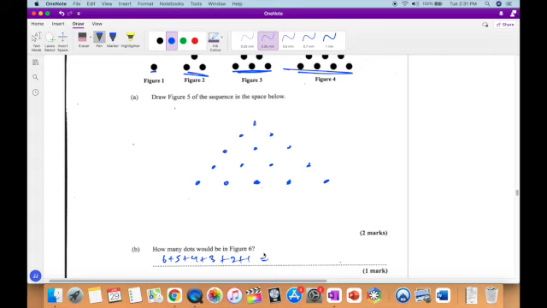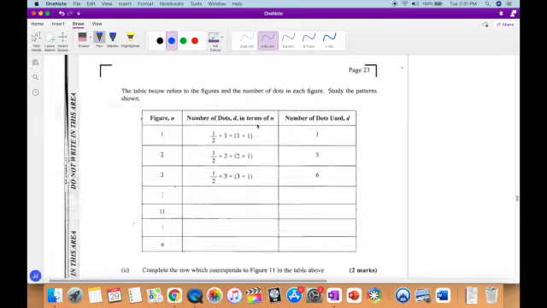So that'll be 21 dots. Right, so we could see here figure 5 had 5, 4, 3, 2, 1. Right, so 5 plus 4 plus 3 plus 2 plus 1. So figure 6 would have just had 6 plus 5 plus 4 plus 3 plus 2 plus 1. Right?